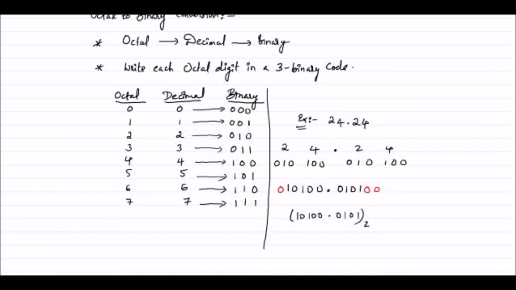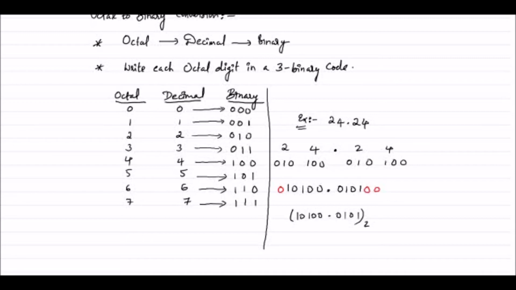So 0 is represented as 000, 1 as 001, 2 as 010, 3 as 011, 4 as 100, 5 as 101, 6 as 110, 7 as 111.